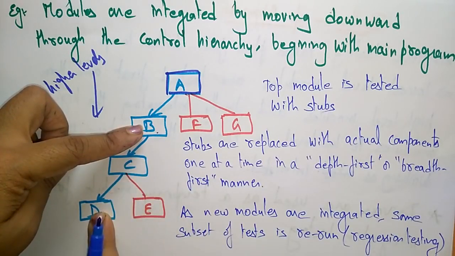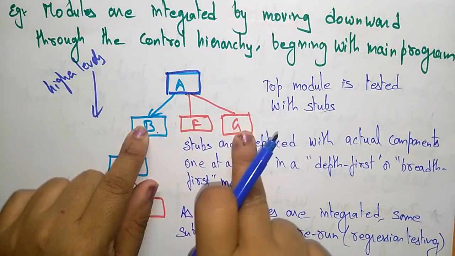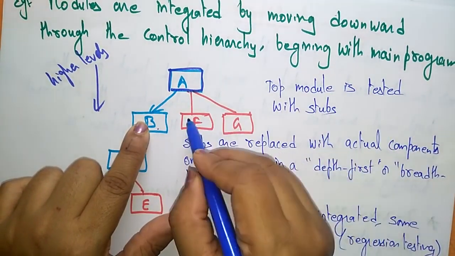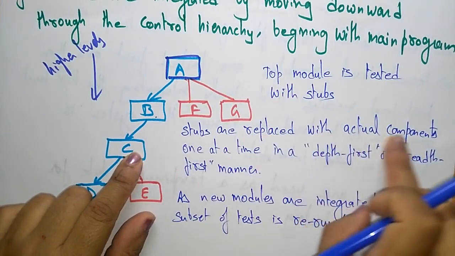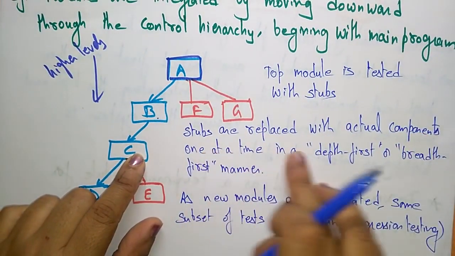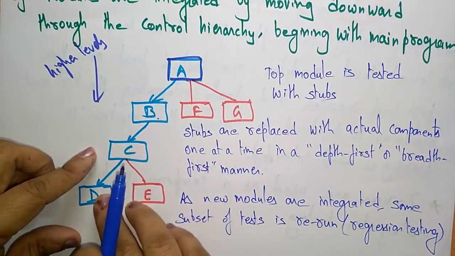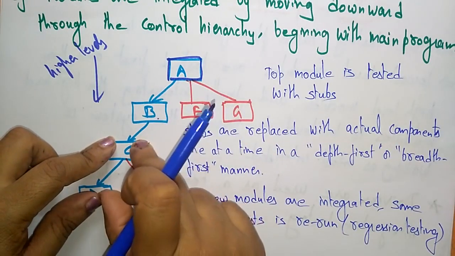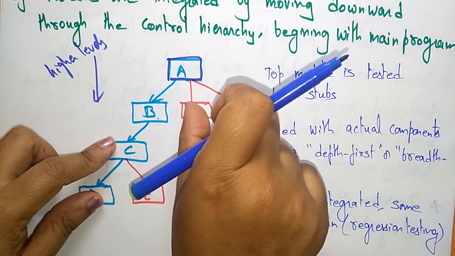So you just keep some dummy modules, that is F and G. The top module is tested with stubs. Here F and G are stubs. After that, the stubs are replaced with actual components one at a time. So after completion of C and D, unit testing is over. If these modules are ready for integration, then they are replaced here, in the place of F and G.